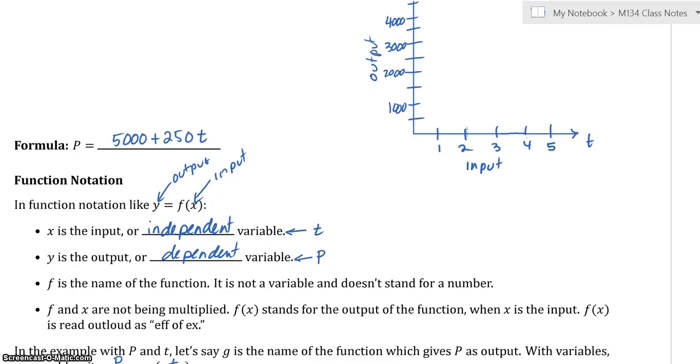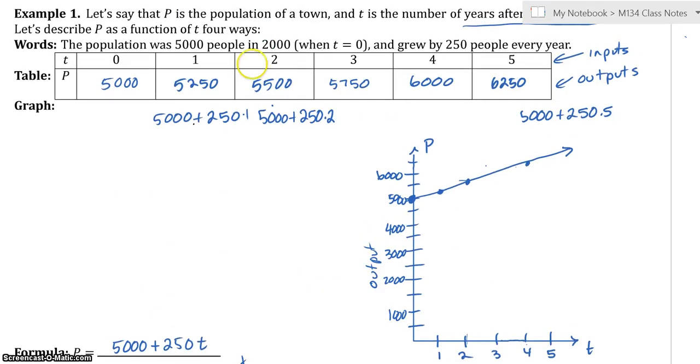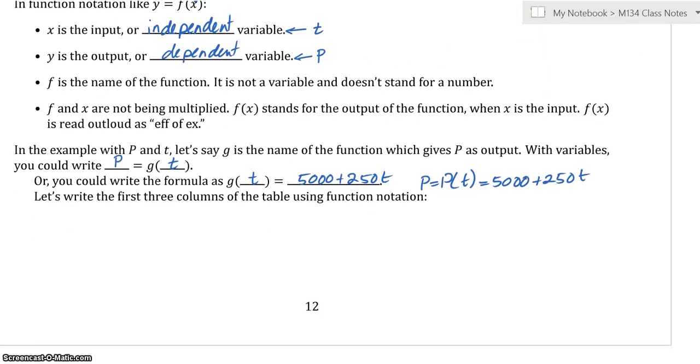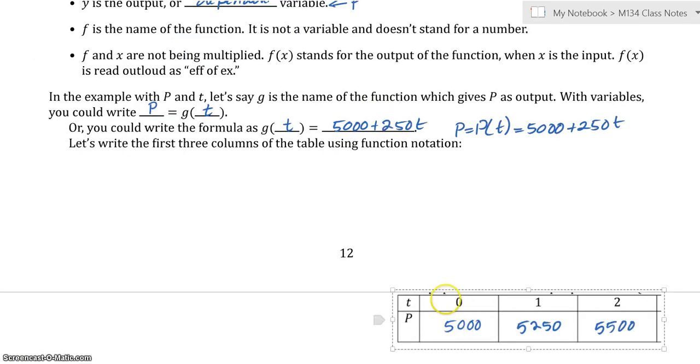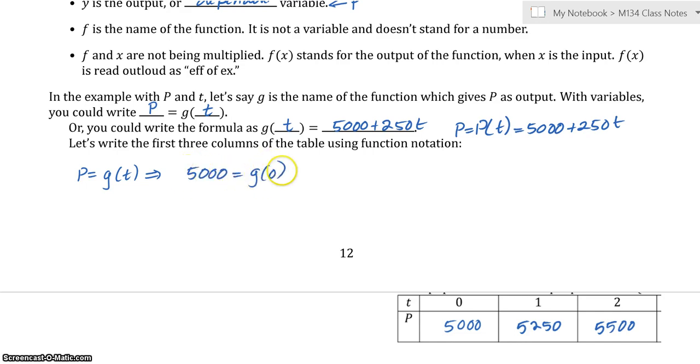So now let's write the first 3 columns of the table using function notation. The table, if you remember, was up here. I'm just going to copy and paste this down here so we don't have to go back and forth. For instance, if you want to use this notation, let's use the G of T equals P notation. We could say P is equal to G of T. So the first column, when the T is 0 and the P is 5,000, you would have 5,000 is equal to G of 0.